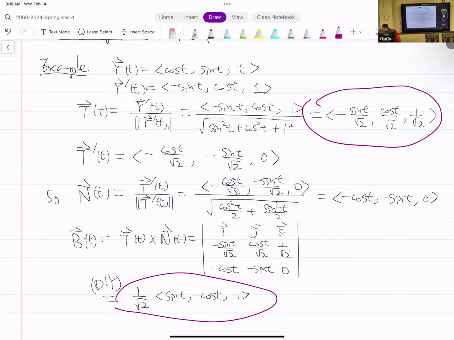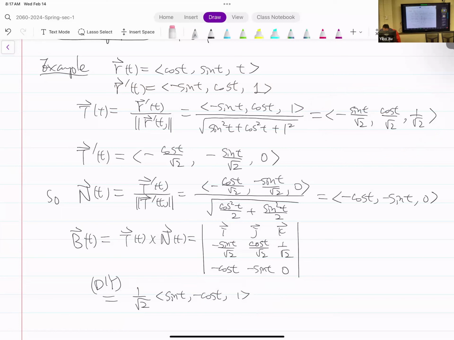If you do the dot product, you will have negative 1/2 sine squared, negative 1/2 cosine squared, and plus 1/2. And of course, if you dot with the other vector, it's also going to give you a 0. Right.